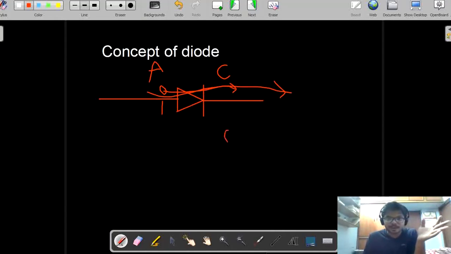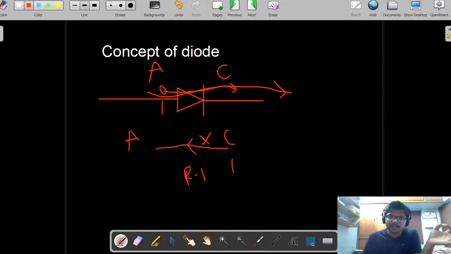Suppose my cathode has very high capacity compared to the anode, what will happen? Current will flow from cathode to anode. This must be avoided. We can't avoid it completely, so what we can do is reduce it. Anode to cathode current is called forward bias current. From cathode to anode, this is called reverse bias current.